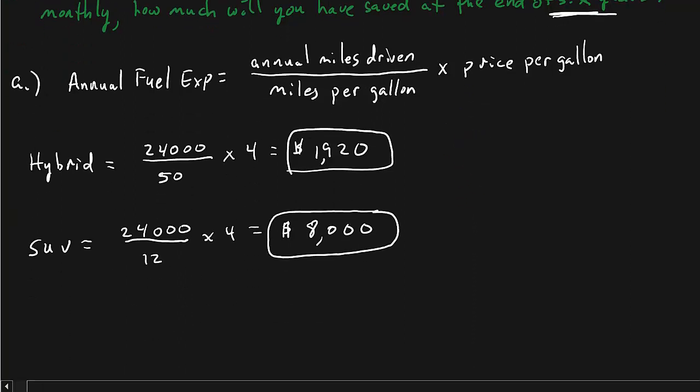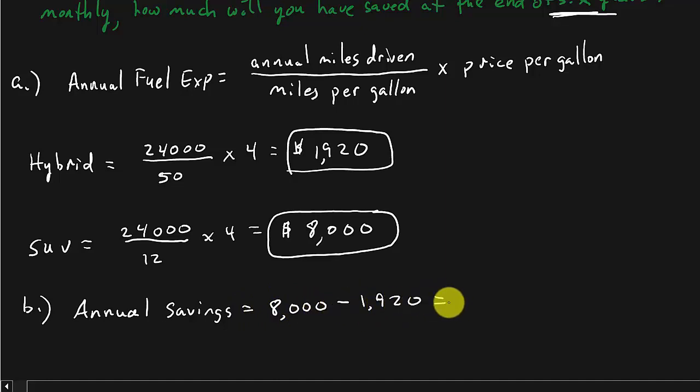Let's draw a line here and call this part B. Our annual savings is going to be 8,000 minus 1,920, and that gives us $6,080. That's how much we're saving every year.